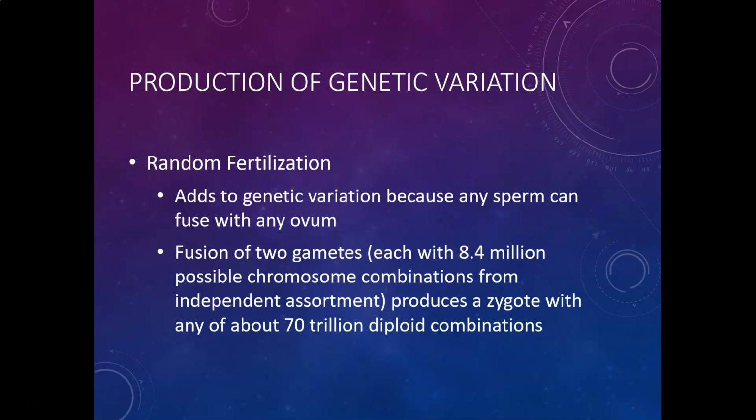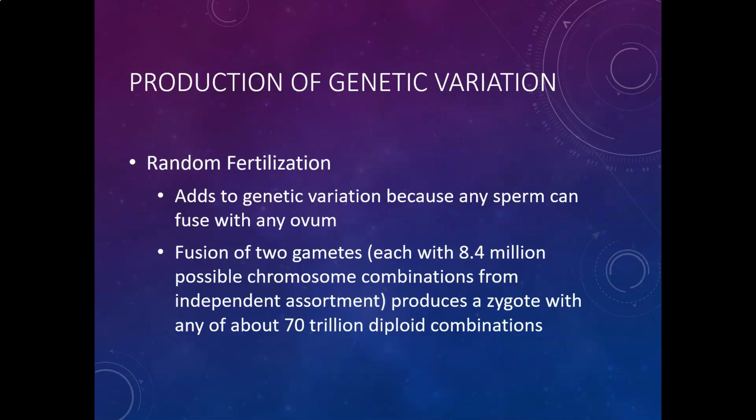All right, let's just say they're each with 8.4 million possible chromosome combinations just from independent assortment alone. So we're not even counting crossing over here. And we can produce a zygote with anywhere on the order of 70 trillion different diploid combinations. And again, we're still not even accounting for crossing over.